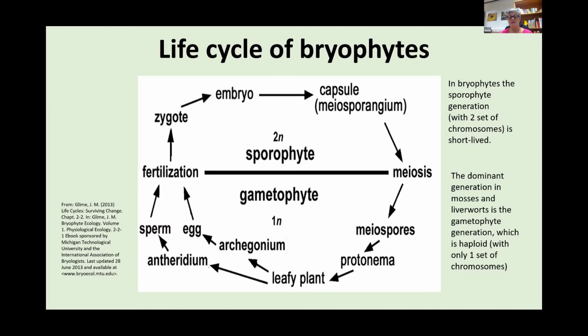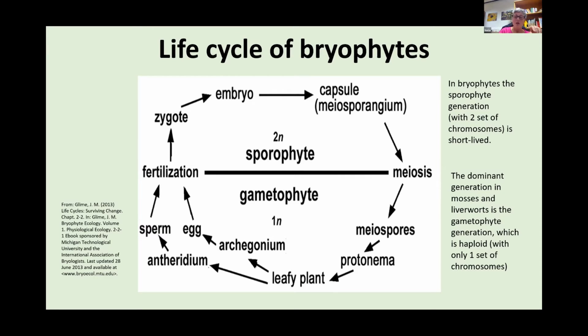It basically shows the life cycle of bryophytes, and the black line splits the gametophyte generation, which is below the black line, and the sporophyte generation, which is above it. As you can see, the majority of what happens is in the gametophyte generation, and the sporophyte generation just has the zygote, the embryo, and the capsule.